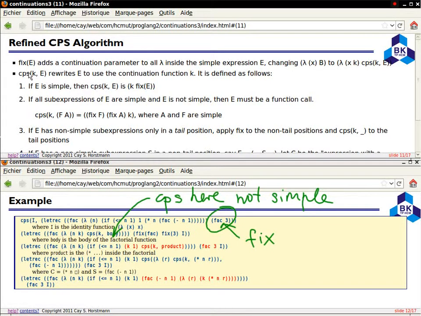Oh, it's not in the tail position. I should have written down which rule I used. These are indirect. Oh, I see.